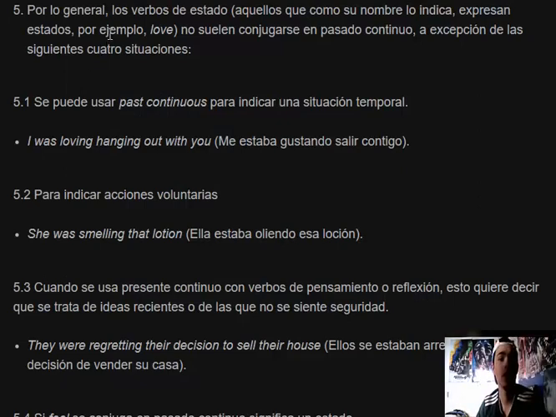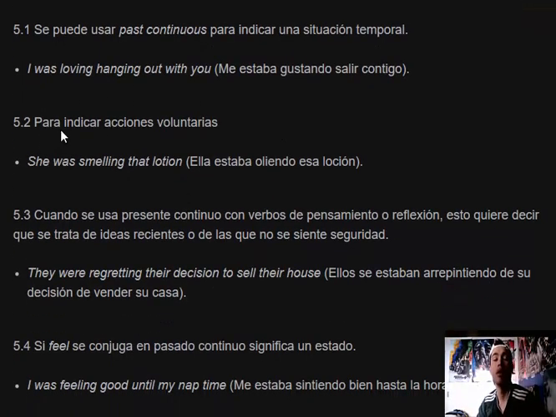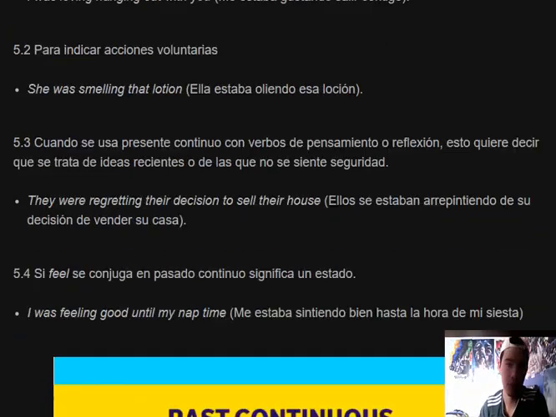In general, state verbs don't usually conjugate in the past continuous, with the exception of the following situations. We can use the past continuous to indicate a temporary situation, like I was loving hanging out with you. It can also be used to indicate voluntary actions, like she was smelling that lotion.